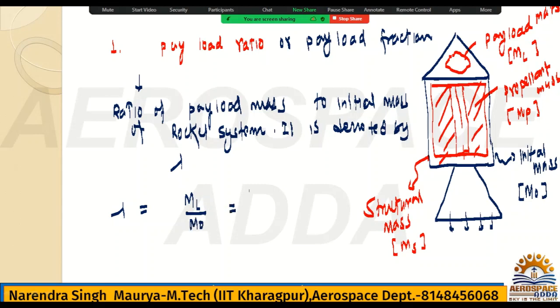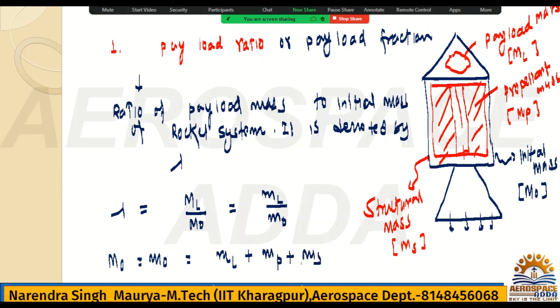If you want, you can write small ml by ms, because you have practiced small letters like mp for the mass of propellant. So you can write ml by m naught, no problem. And what is m naught? It is the initial mass. Start from payload: ml plus mp plus ms, for only one stage I am talking.